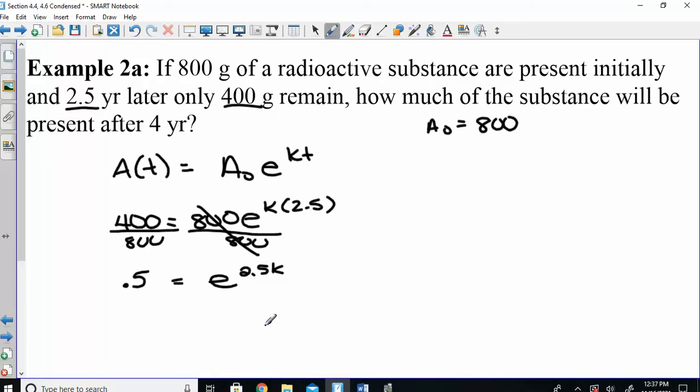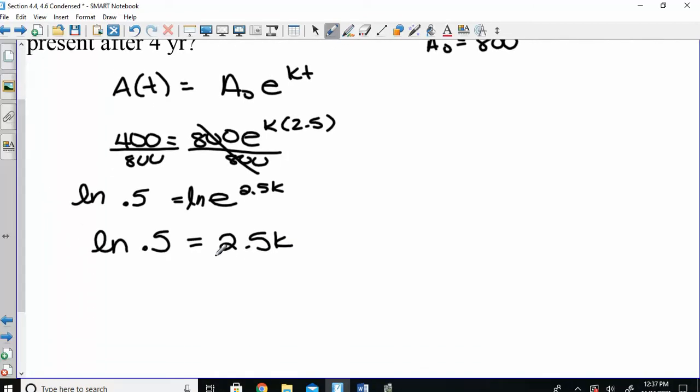Then what? Add a natural log. So I get the natural log of 0.5. What happens if you have a natural log and an e? Cancel. Equals 2.5K. So we can divide by 2.5.